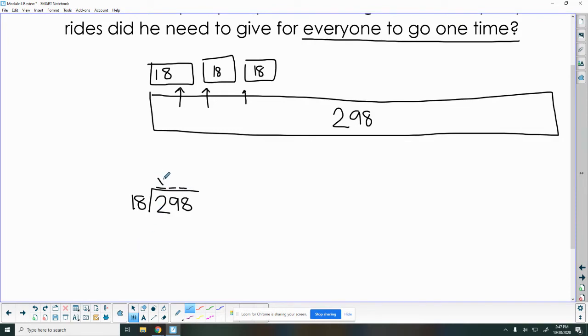So I know it can't go into 2, but it can go into 29 one time. So 1 times 18 is 18. So I'm left with 11, and I'm bringing down my 8. So I have 18 into 118. So I want you to pause the video and see if you can figure out the rest of this problem here.